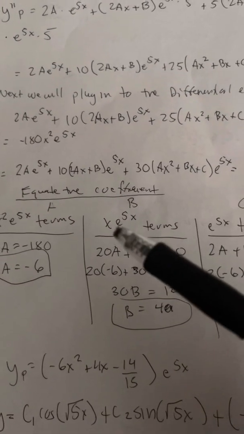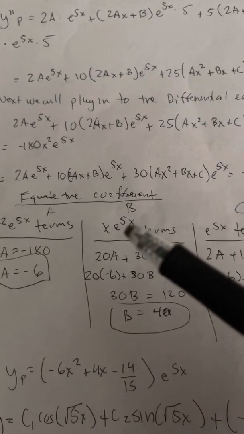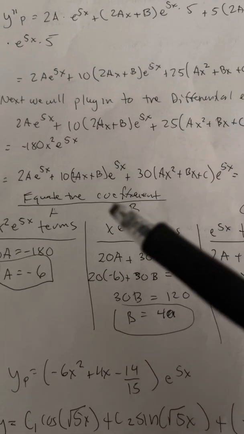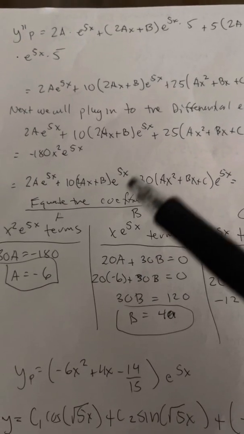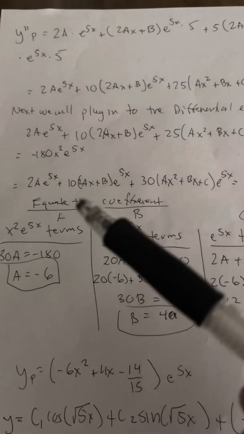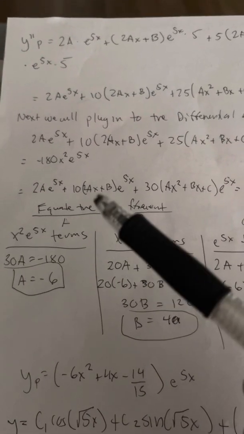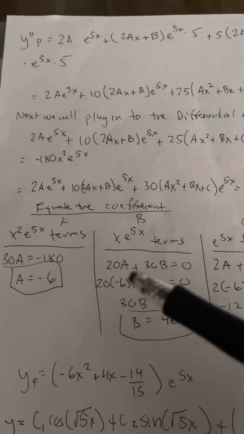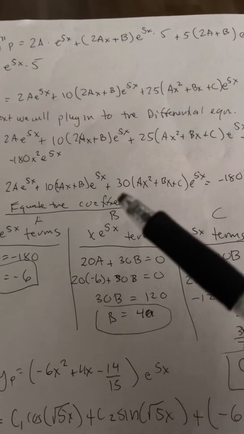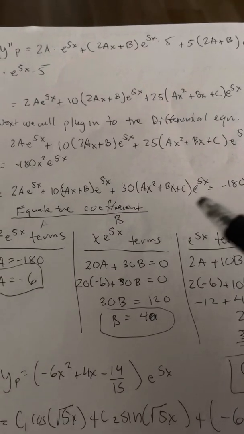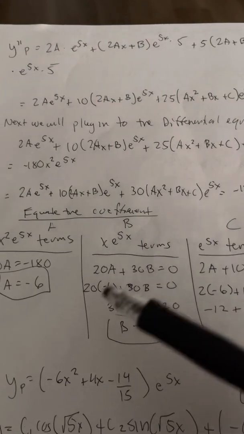Our next term will be x e to the 5x, which we have some right over here, 10ax e to the 5x. So we can write down over here 20a, because if you multiply 2 times 10, that would be 20a. Our next term is in our third term over here, 30bx e to the 5x, and we set this term equal to 0.